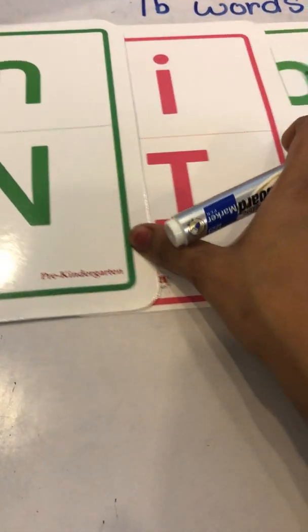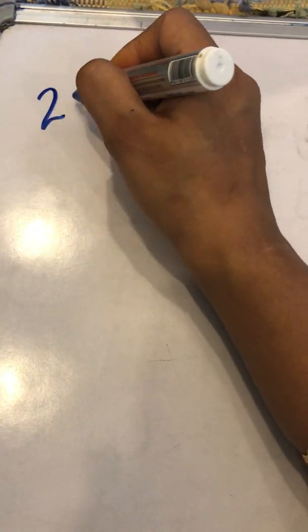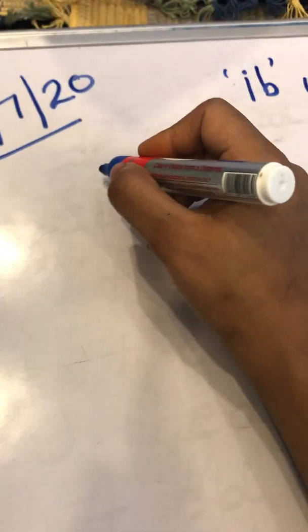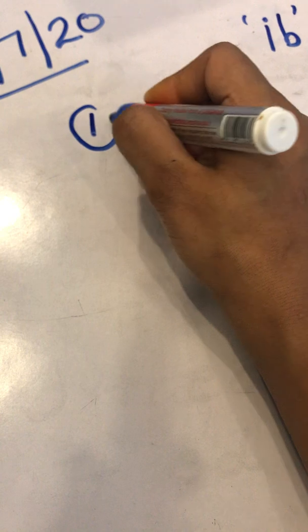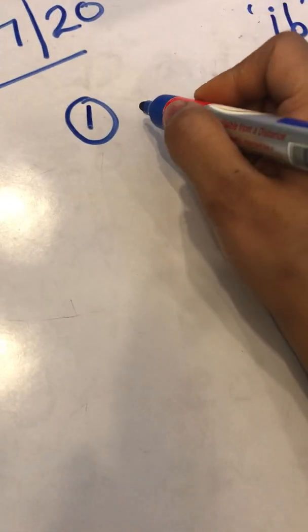Kids, let's write it and then I will explain to you. Put the date on the top, like today is 20, and which month is going on? July. And which year is going on? 2020. Now I will tell you the meaning of all these three words. Number one is nib.